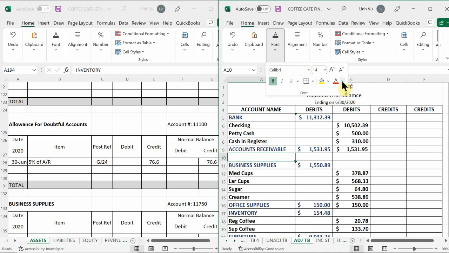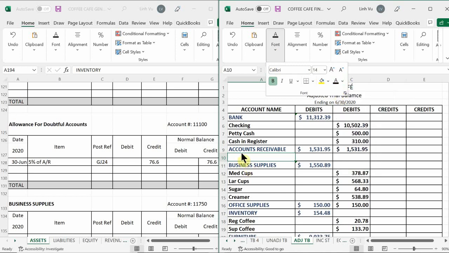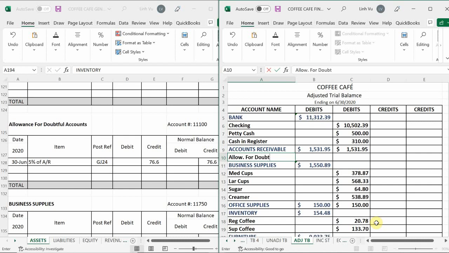Correct. So in this case, does it increase or decrease my accounts receivable? In this case, it decreases. So the allowance for doubtful accounts will surely decrease my accounts receivable.